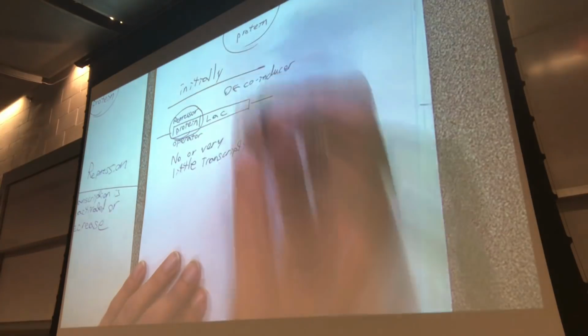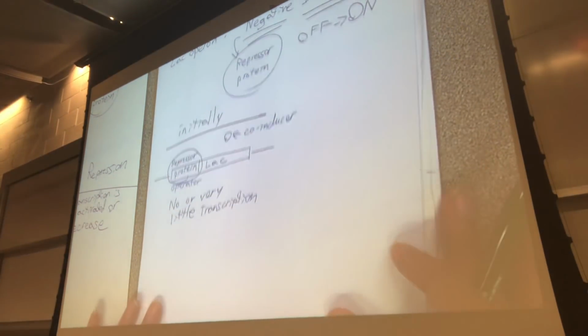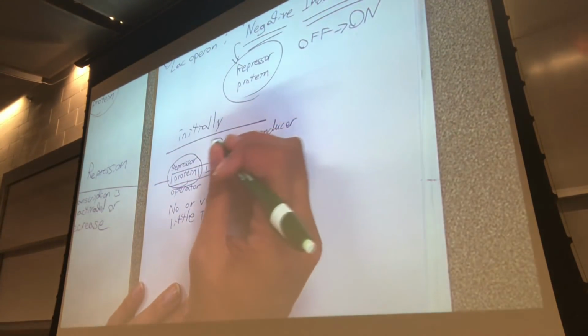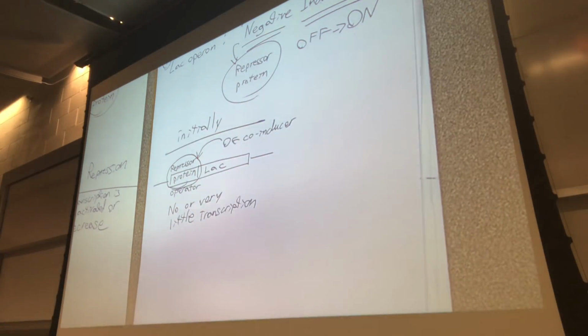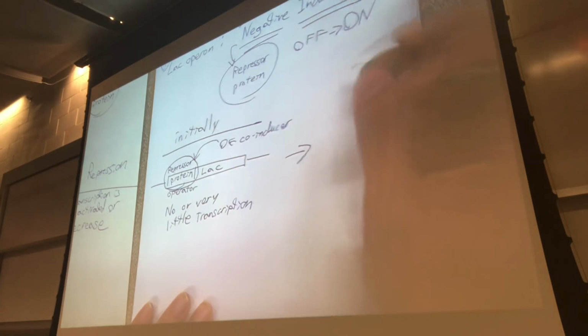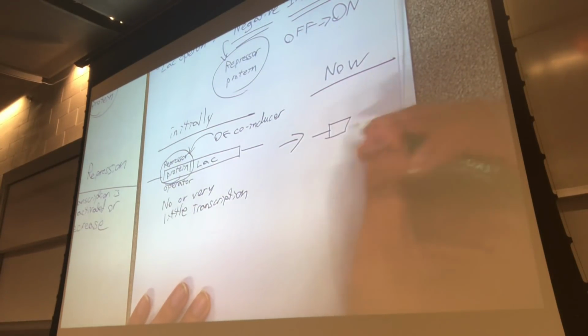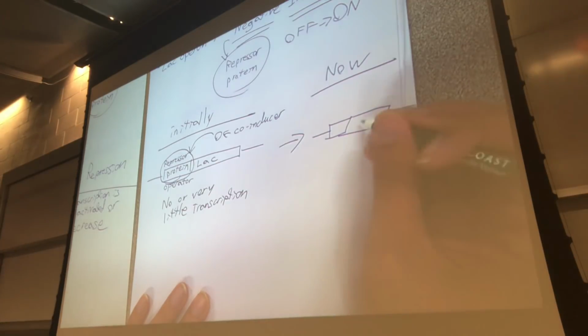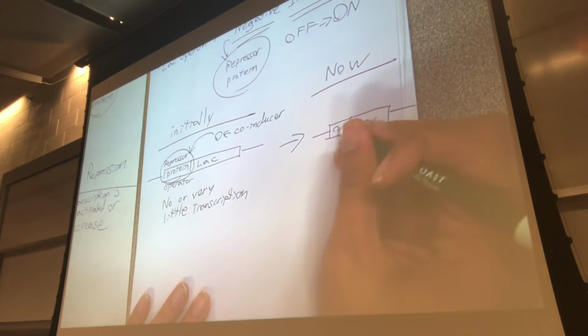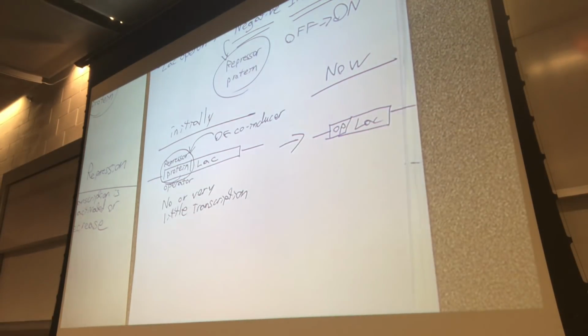The co-inducer's job, this is negative inducible, is to bind to the repressor, change something about the repressor's structure, and then the repressor just falls off the Lac Operon. So that what you have now is a free and open Lac Operon.